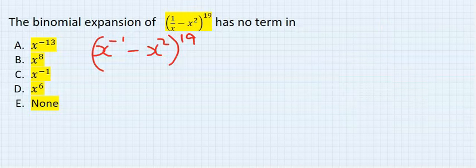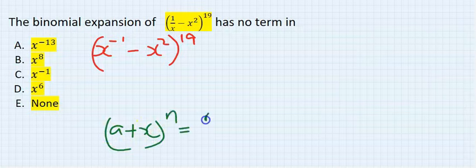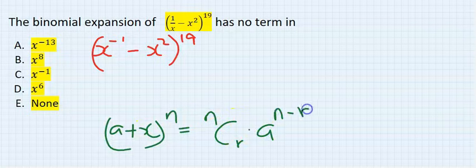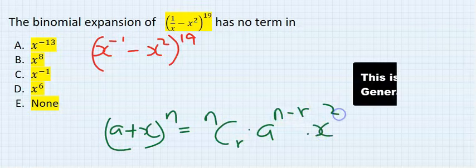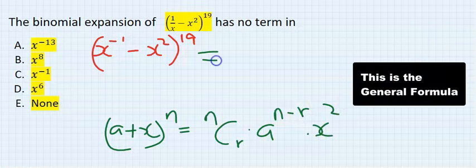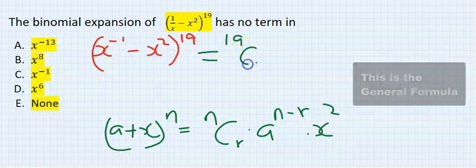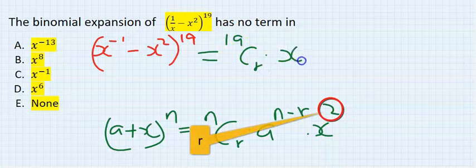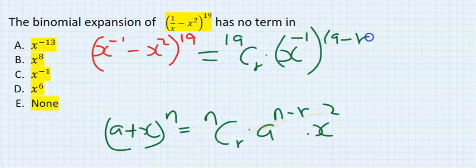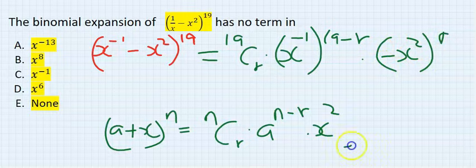Applying the formula, (a + x)^n is nCr a^(n-r) x^r. So this now becomes 19 combination r, (x^-1) to the power of 19 minus r, and we are going to have (-x^2) to the power of r according to this.